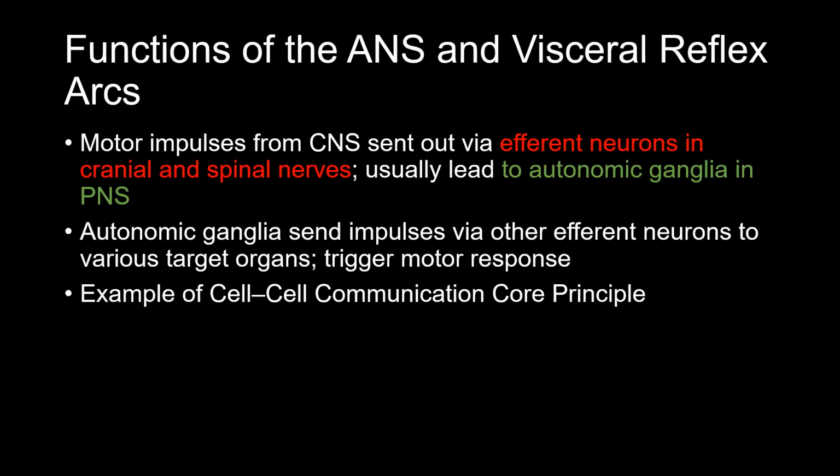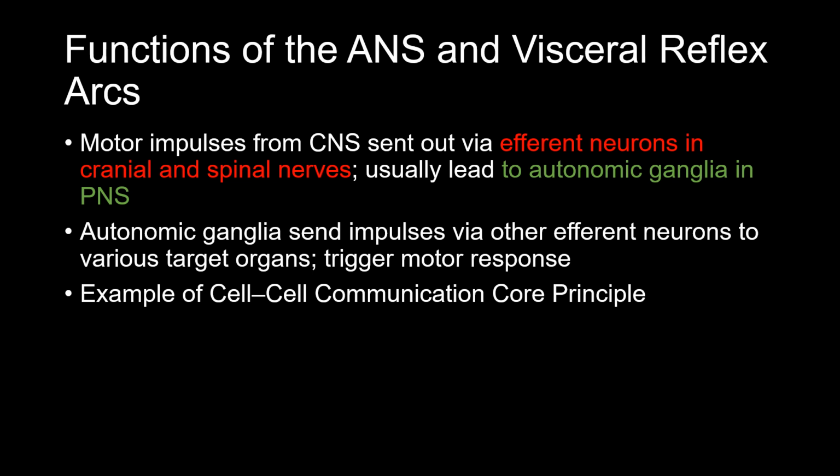The basic arc for the visceral reflex arcs of the ANS are going to start with sensory signals from the viscera and the skin, okay, and these are sent by afferent sensory neurons to the brain or the spinal cord, where the stimuli are then integrated by the CNS, and then after they were integrated, the motor impulses from the CNS are going to be sent out through efferent motor neurons in cranial or spinal nerves, and these nerves will typically lead to ganglia in the PNS called autonomic ganglion.